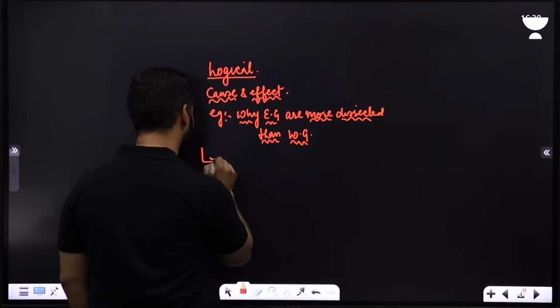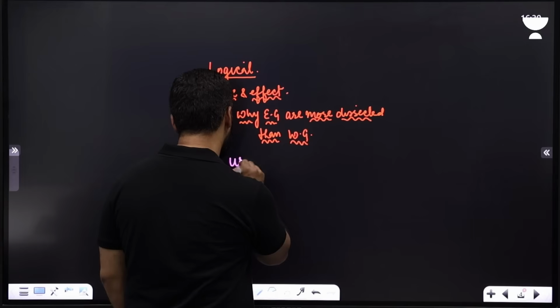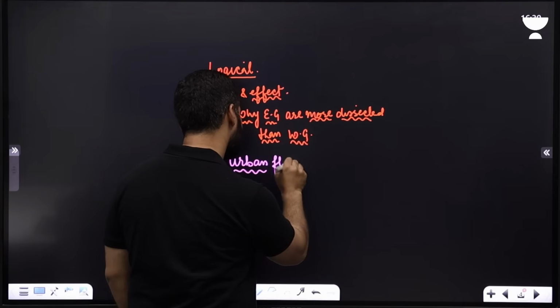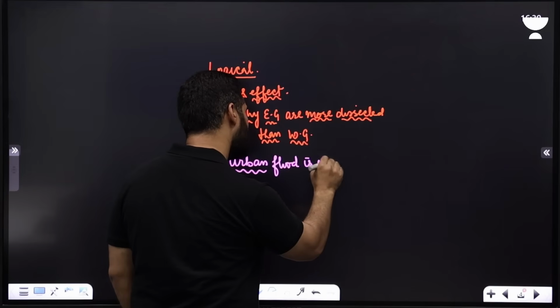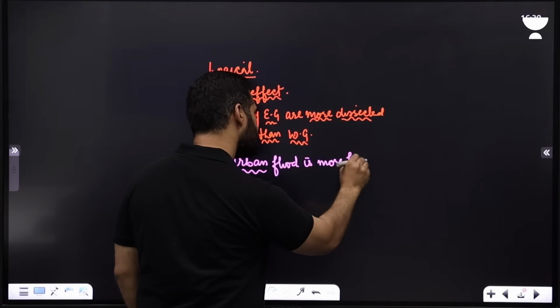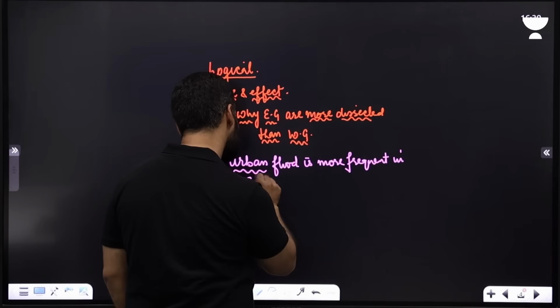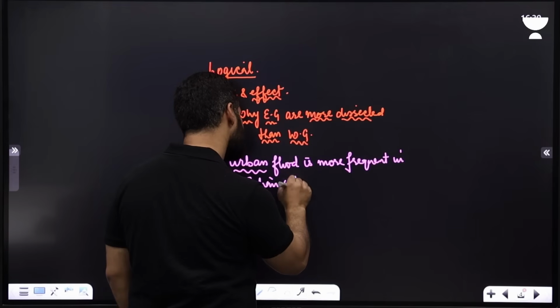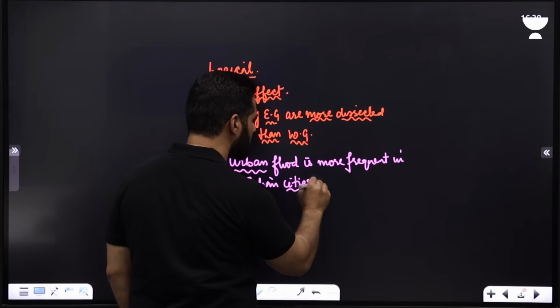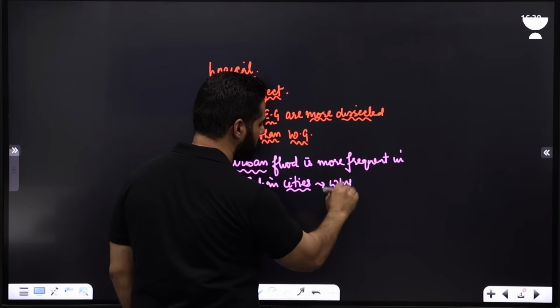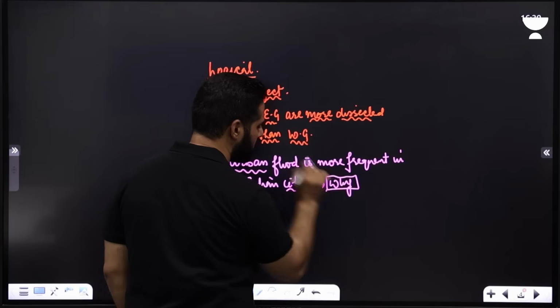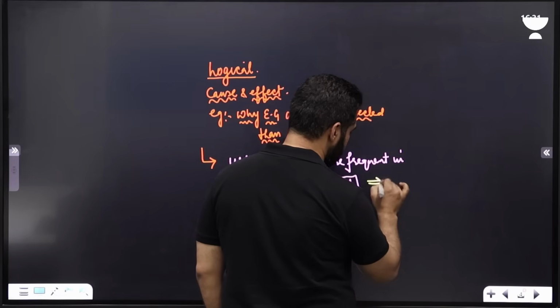Similarly, if I talk about another example here, urban flood is more frequent in Indian cities. Why? It requires logical integration.